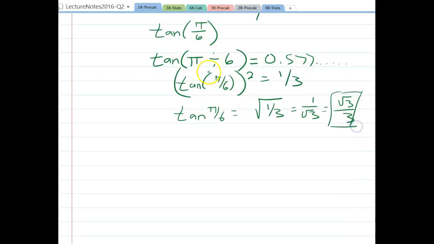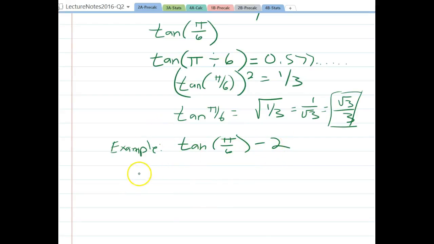But my point being, you have to make sure that you close off your parentheses so that you're only including the angle in this measurement. For example, if I asked you to evaluate an expression that looked like this, tangent of pi over 6 minus 2, what I mean when I write this expression is you're going to take whatever the tangent of pi over 6 is and get that answer, and then subtract 2 from that answer.